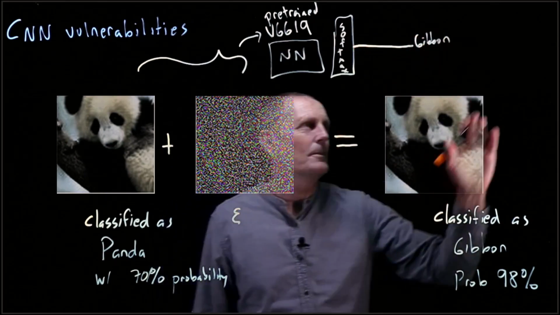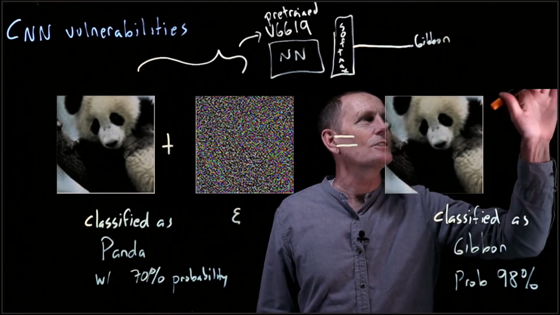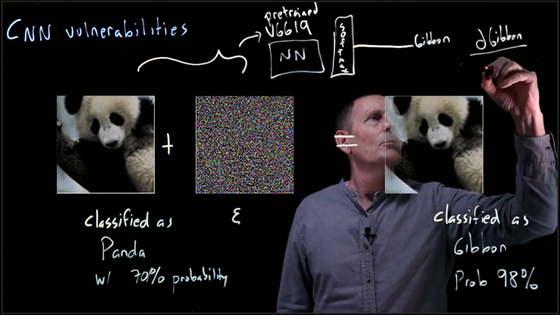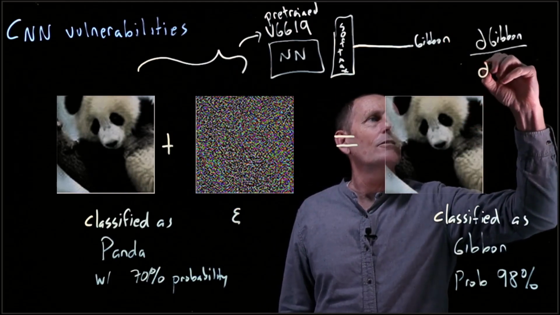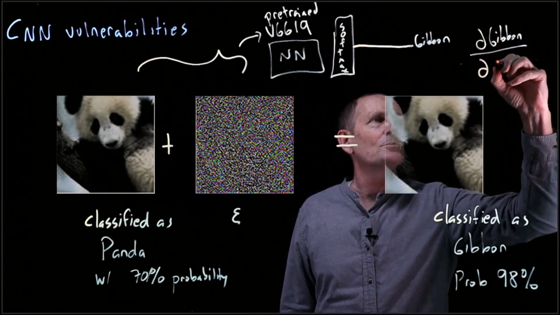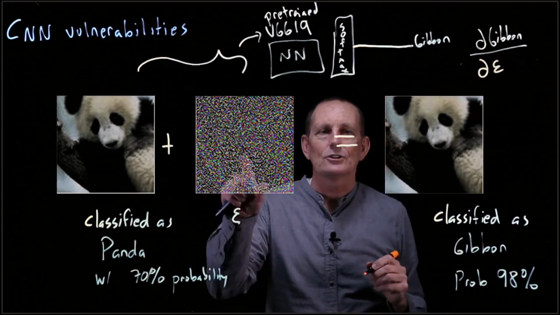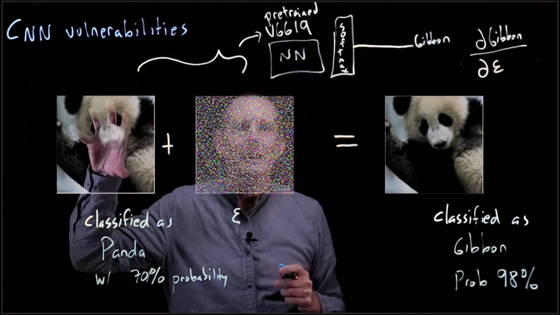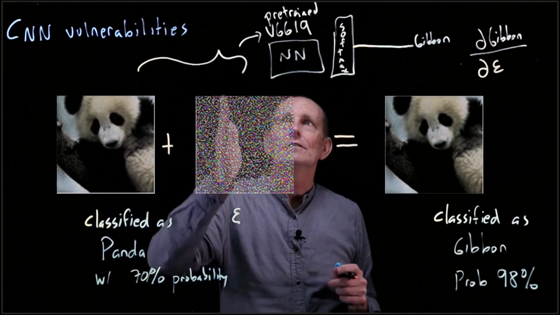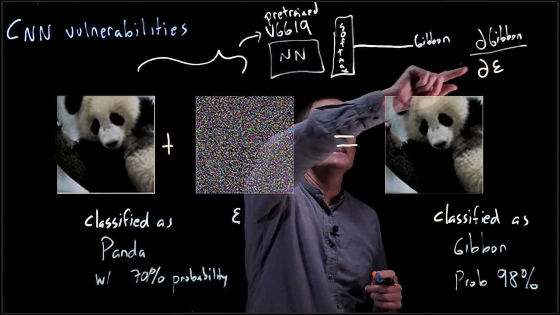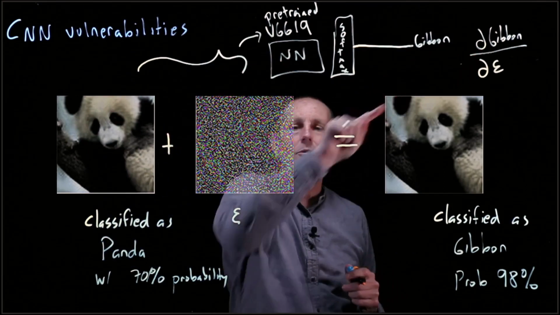Let's call this epsilon, because it's small changes. Compute the partial derivative of the gibbon with respect to this epsilon picture. So we're taking the panda plus epsilon, feeding this in, and computing the partial derivative of the gibbon with respect to epsilon.